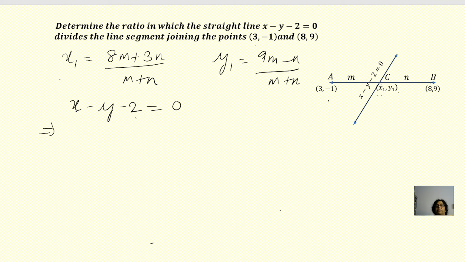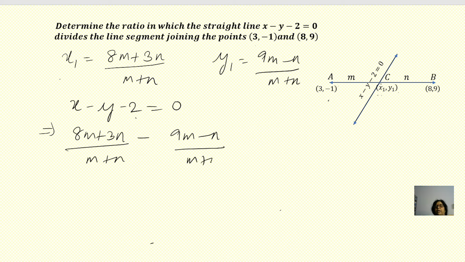And here we'll be substituting: for x we will be writing the value of x1 and for y we'll be writing the value of y1. So here we get (8m plus 3n) by (m plus n) minus (9m minus n) by (m plus n) minus 2 is equal to 0.